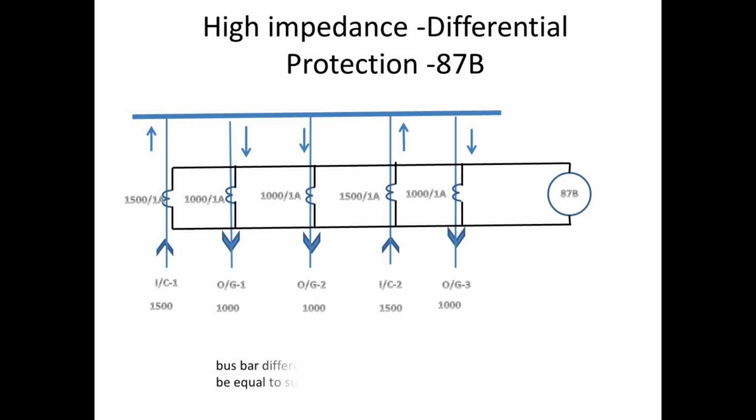For busbar differential, sum of current in should be equal to sum of current out. Here current in from two incomer produce 1 amp each, so current in is 2 amps. Now you see current out for 3 outgoing produce 1 amp each, so the current out is 3 amps.